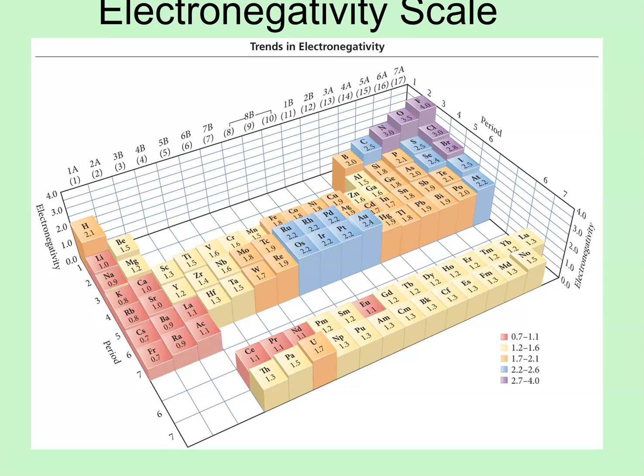Francium way over on the bottom left, 0.7. But within those non-metals, they're all a little bit different. And the farther apart two atoms are from each other, the more polar the bond, assuming they are both non-metals. The minute you get to a metal and a non-metal, obviously it's got to be ionic.